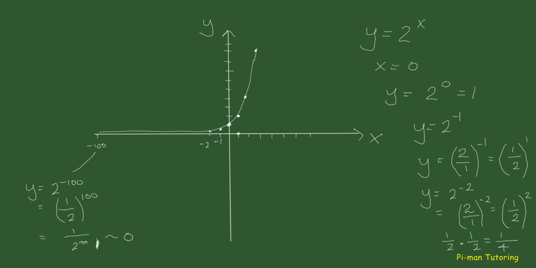Now what happens if we change the base? Let's suppose we're looking at y is equal to 3 to the x instead of 2 to the x. Then when x is 1, y will be 3. When x is 2, y will be 9. 2, 4, 6, 8, 9, way up here. But 3 to the 0 is still going to be 1. So we're going to pass through this same point.